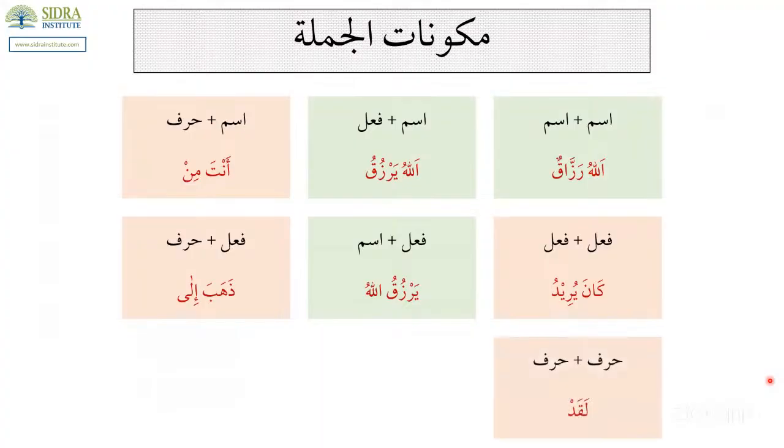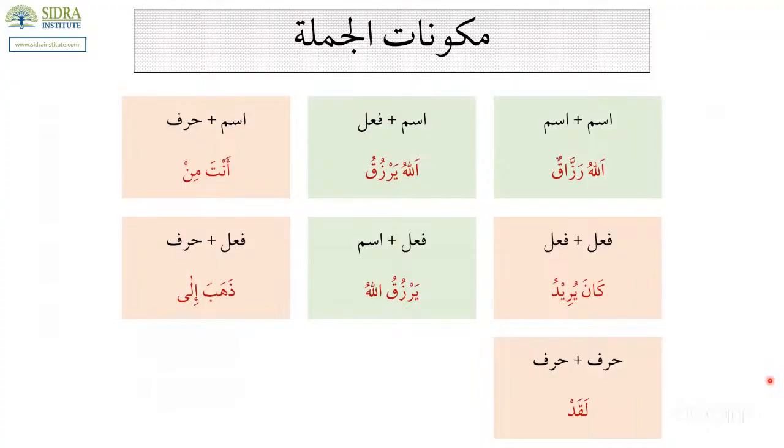Next, two particles. Can two particles group together and become a complete sentence? No. For example, laqad. Now, lam is deemed to be a harf which normally comes on the jawab of a qasam which is hidden, mahdhuf.